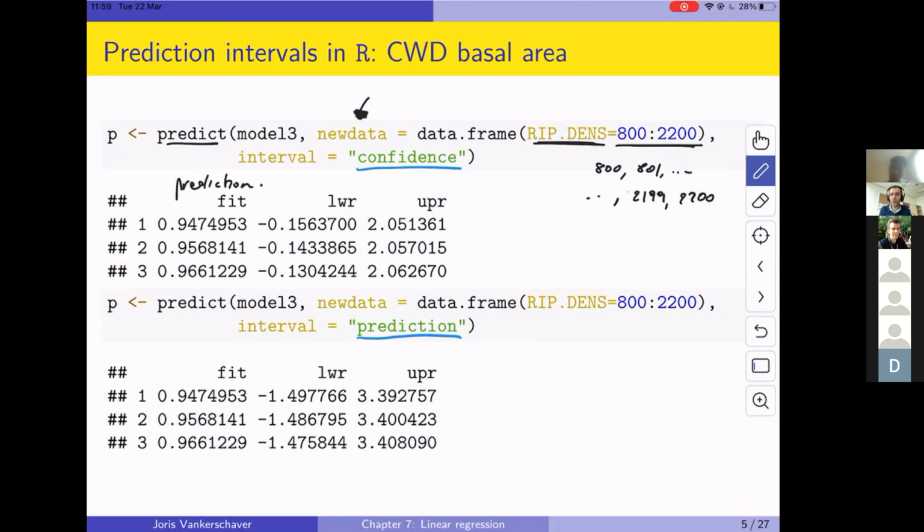And then we get a lower and an upper bound. Now the difference between these two outputs is that for the first one, we ask for a confidence interval. For a confidence interval, we only take into account the variability in the regression line itself.